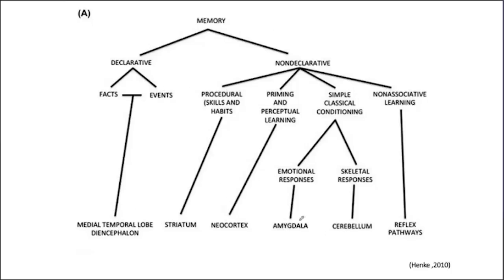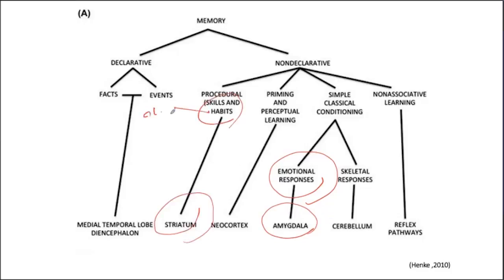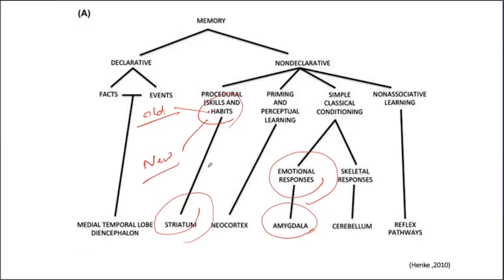We know that the amygdala is related to emotional responses and habits are related to the striatum, but things are much more complex. We realize that old habits and new habits have different representations in the striatum. New habits are mainly on the ventral part of the striatum, and old habits are mainly on the dorsal part.